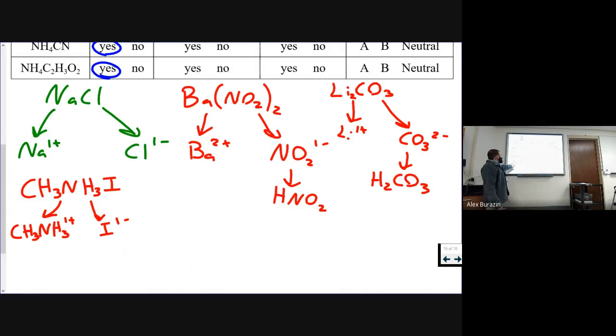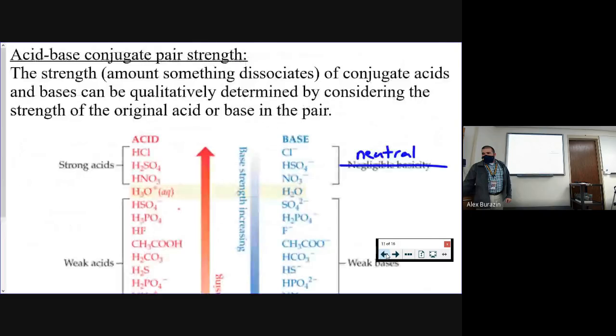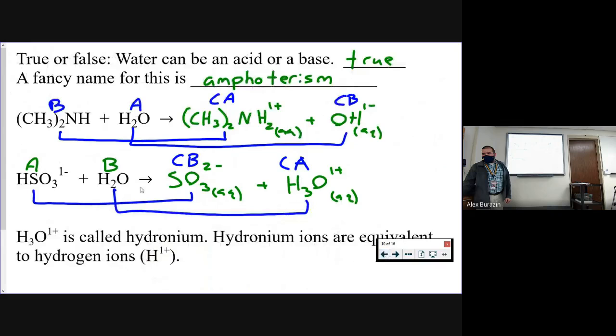Now, this came from what? If you look back at the previous examples, it might help. Okay, we've done things like this. We did things like this today. Look at this top one right here that we reacted with water. This is like the piece that would be a part of the salt.